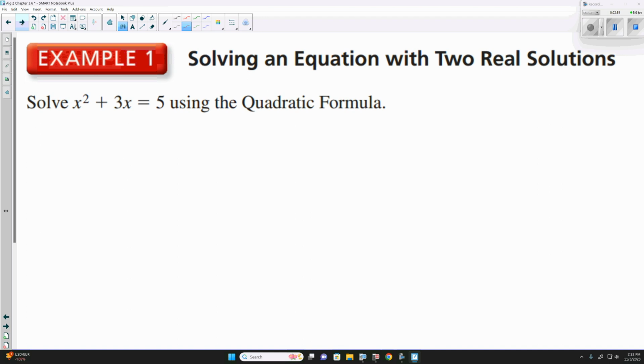So here, first thing we need to do is get the equation equal to 0. So looking at this here, x squared plus 3x equals 5. What do we need to do to get it equal to 0? We need to subtract 5 from both sides. Yes. And we subtract 5 from both sides, we get x squared plus 3x minus 5 is equal to 0.